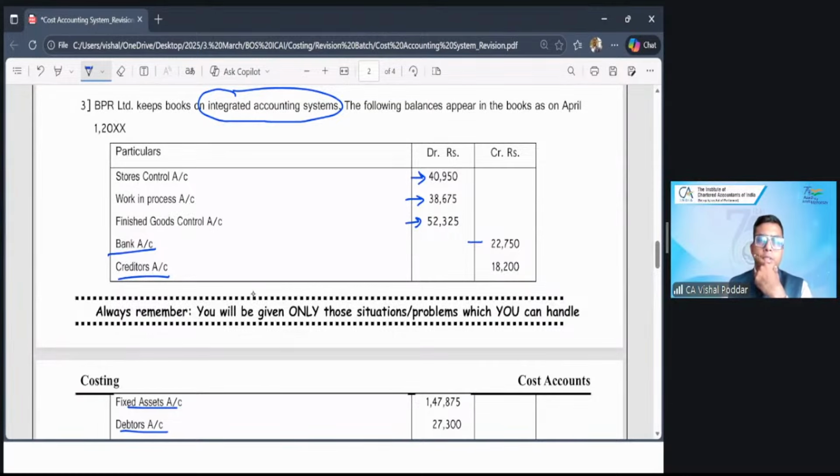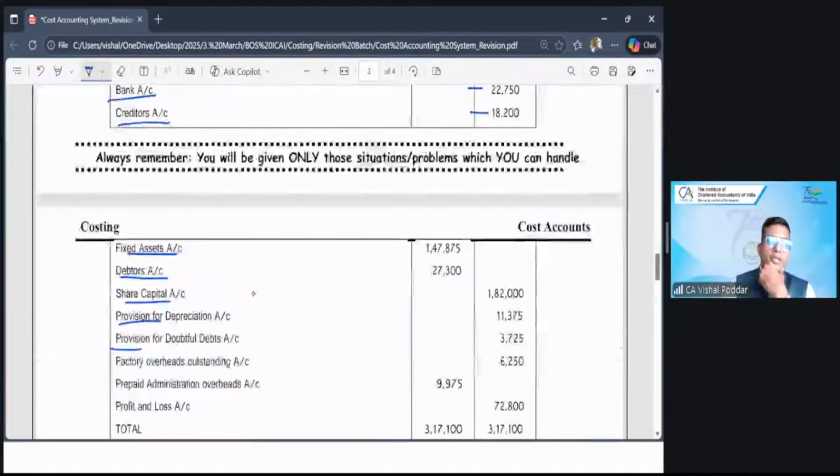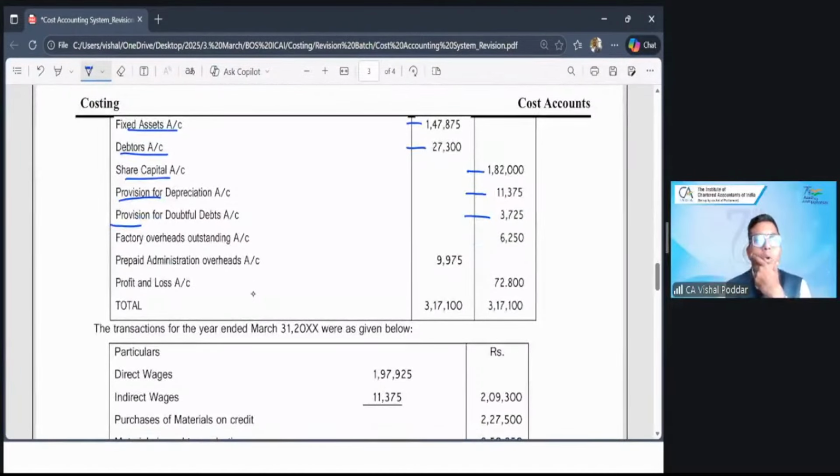So bank balance, creditors, fixed asset, debtors, share capital, provision for depreciation, provision for doubtful debts. And then you also have some overheads which are having balances. So since factory overheads is having outstanding, it is having a credit balance.